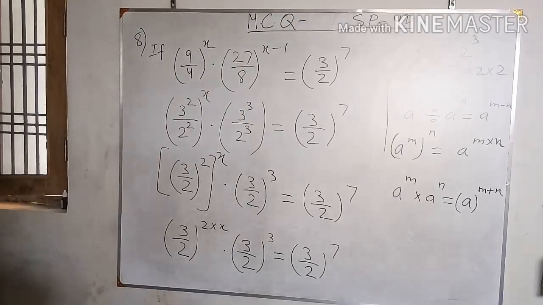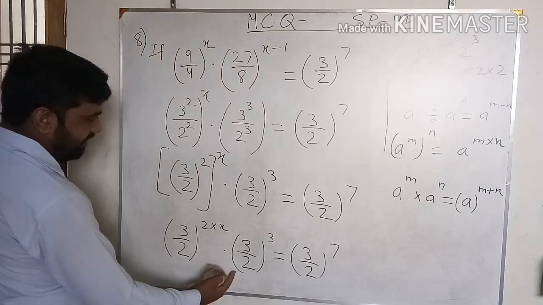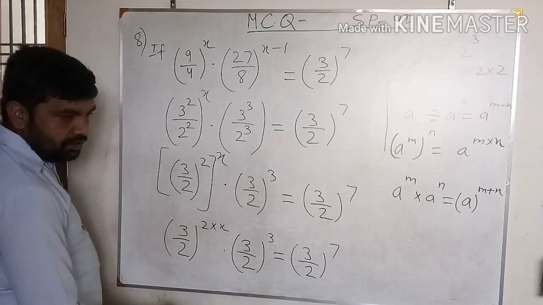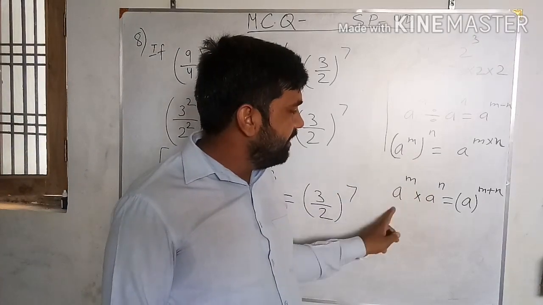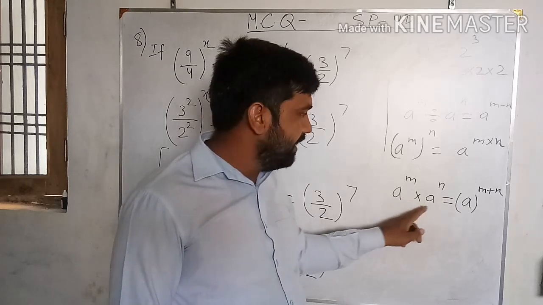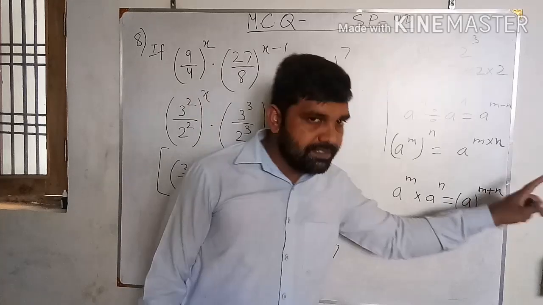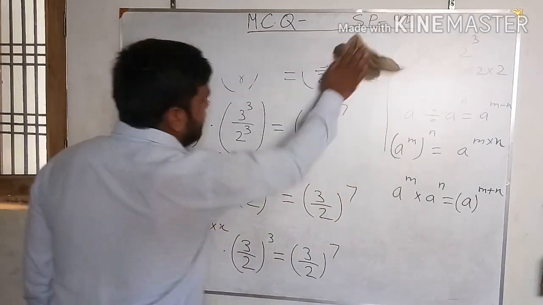Now in the next step, the bases are same on the left hand side, 3 by 2 and 3 by 2, and both are multiplied with each other. So we apply the product law. When the bases are same and both are multiplied with each other, a to the power m multiply a to the power n, take the base common a and add the powers, m plus n. So see what will be the next step.